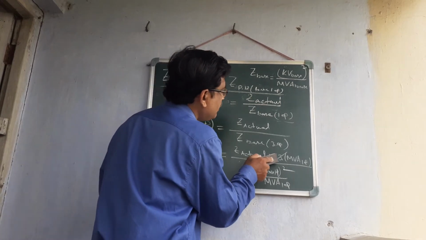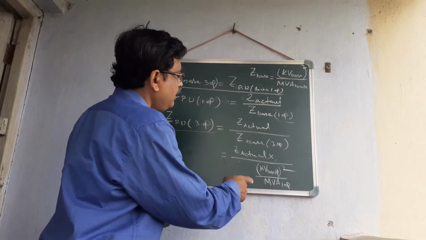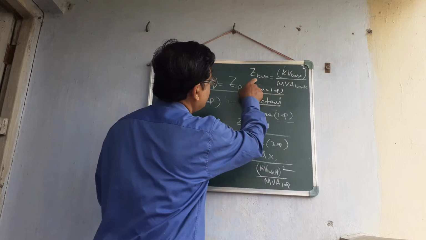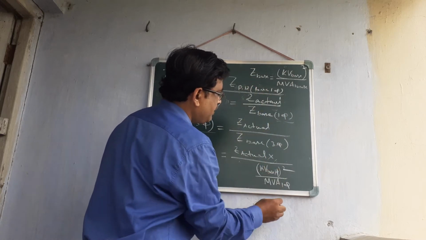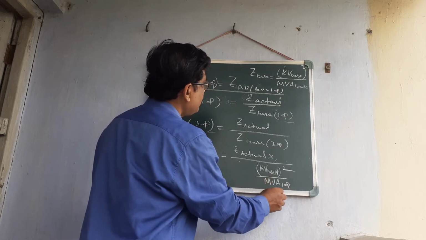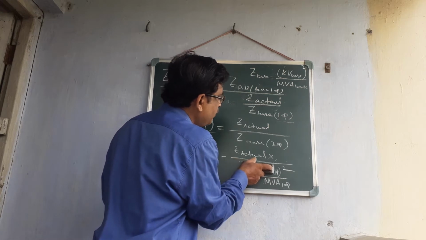So it will be like this. If it is like this, so we get kV base square by MVA base, which is Z base. It is single phase, that means it is Z base of single phase.